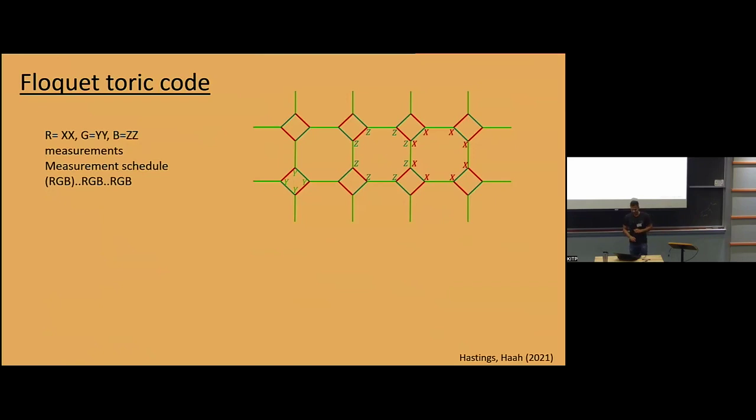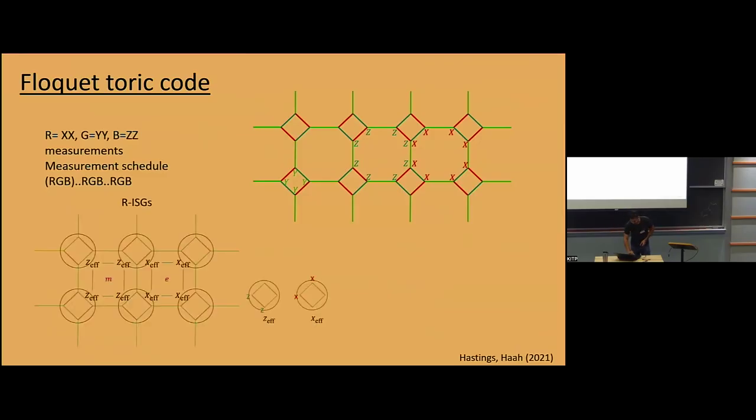And that basically gives you instantaneous states that look like effective toric codes once you reach the steady state of the dynamics. So this is how the instantaneous stabilizer group looks in the round in which you measured the red edges. So this is how it looks, and this is a toric code.